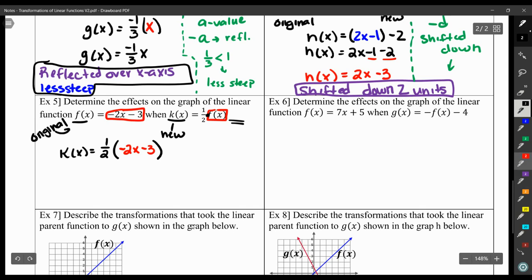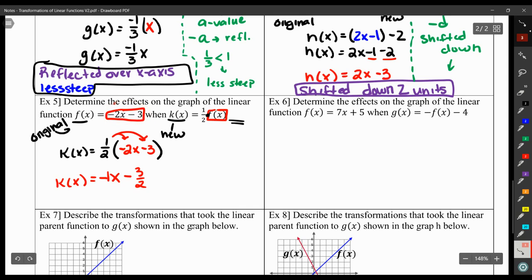And so when we simplify this example, we're going to actually distribute in that 1/2. So our new function is k of x equals 1/2 times -2 is -1x, and 1/2 times -3 is -3/2. So now that I have this simplified, I can compare my new function to my old function, and I'm going to look at their slopes.